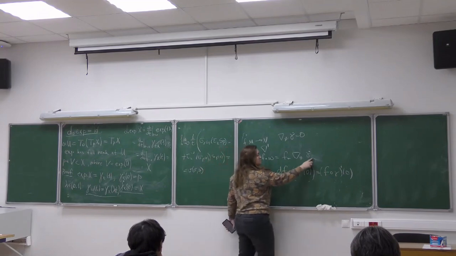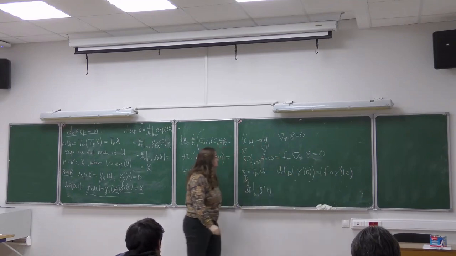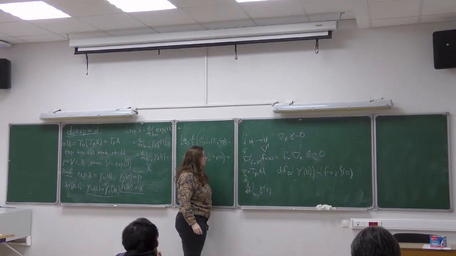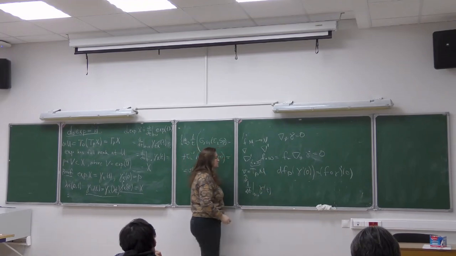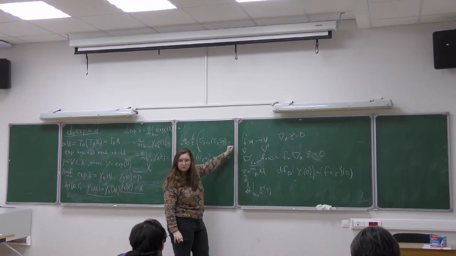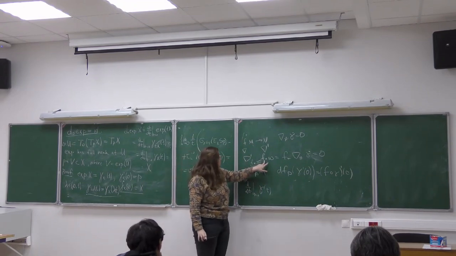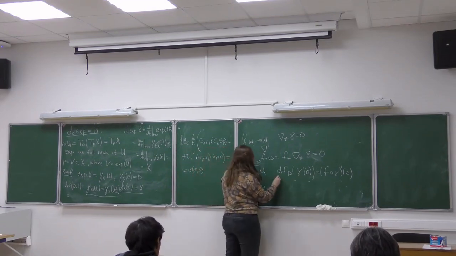So this part is equal to 0 because gamma is geodesic. Here is the image of our vector V, and here is the image of our geodesic curve. Yeah, image with respect to DF, right?